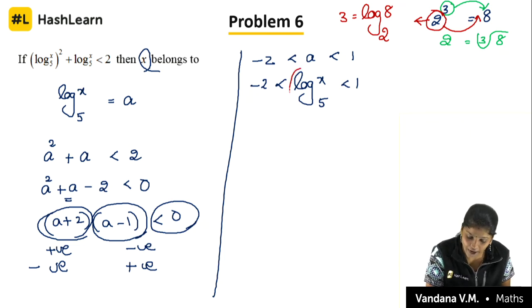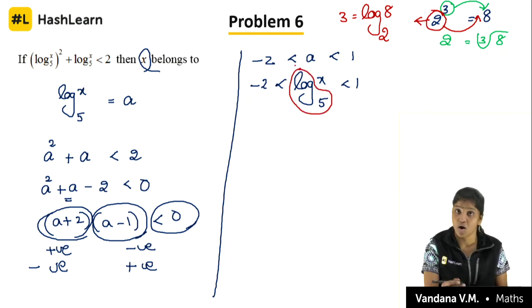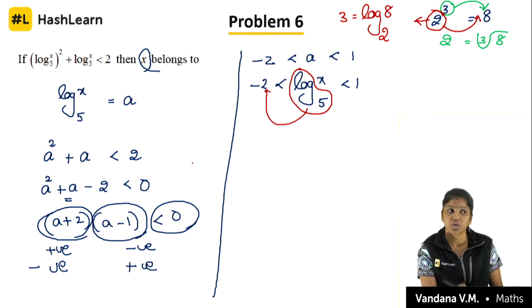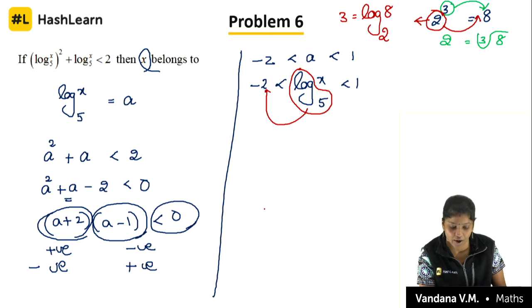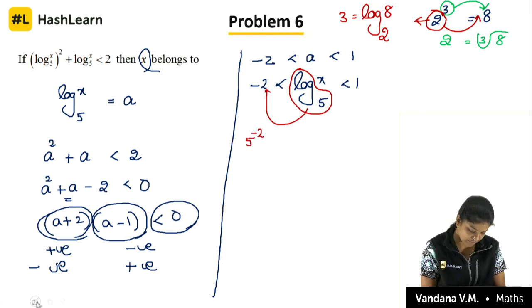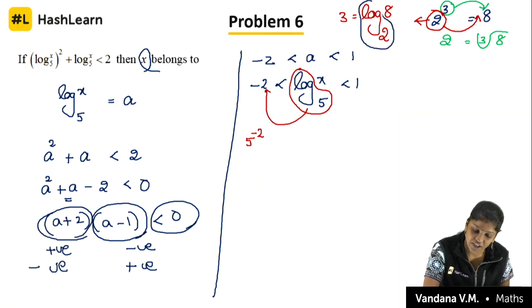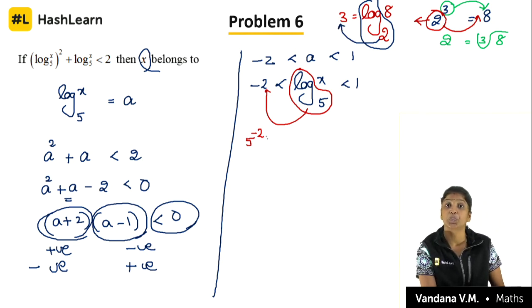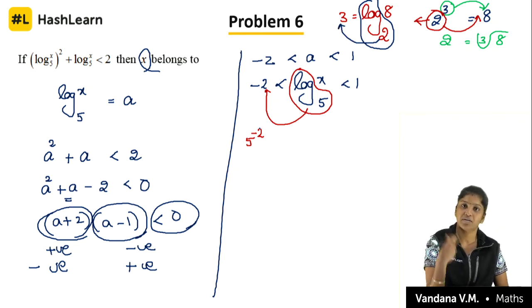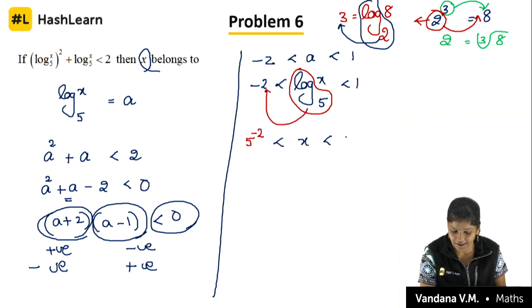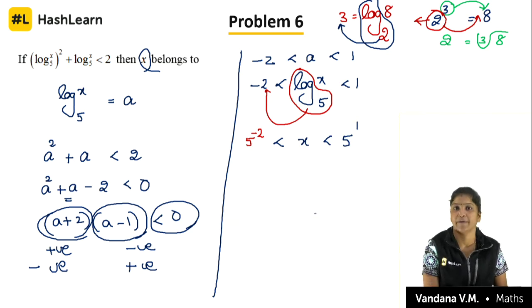Clear? Now, I am going to shift log base 5 once again here. So, that means this side becomes 5 power minus 2. Once again, if I shift this log to this side, it becomes 5 power 1. It acts like a base. 5 power minus 2 less than x less than 5 power 1.